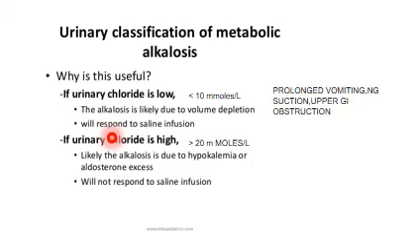And such cases will respond to saline infusion. If, on the other hand, the urinary chloride is high, greater than 20 millimoles per liter, the alkalosis is likely to be due to hypokalemia or an excess of aldosterone, and this will not respond to saline infusion.